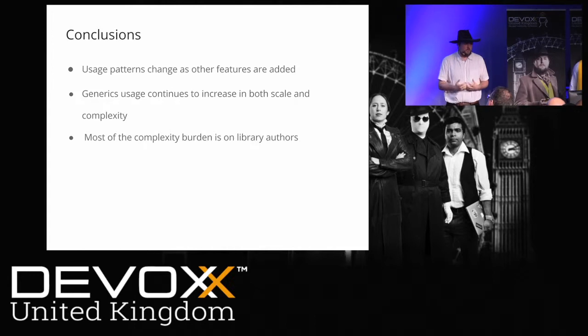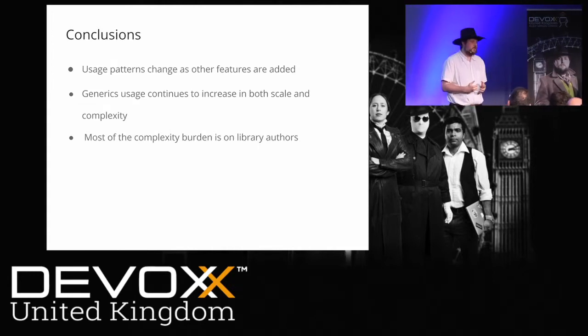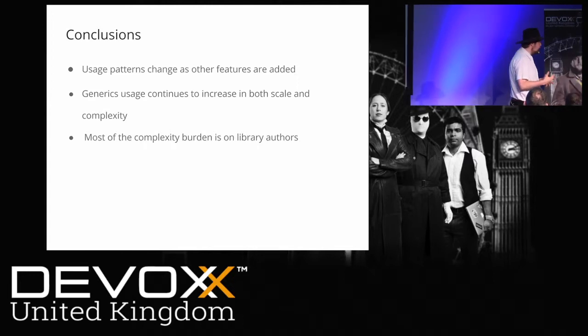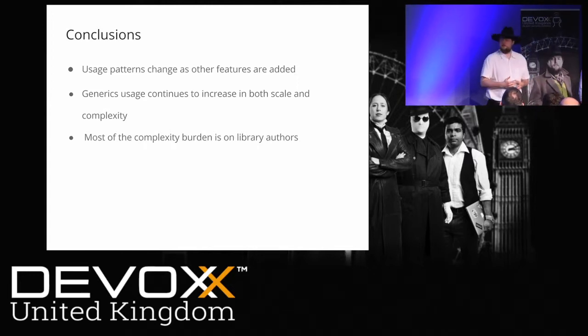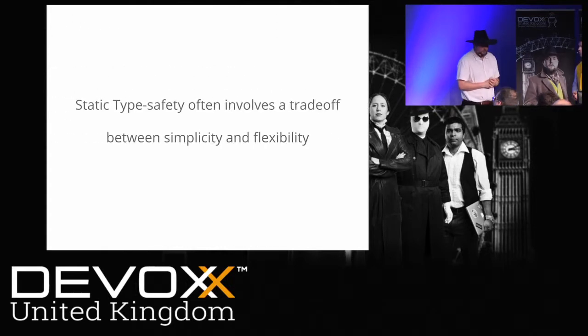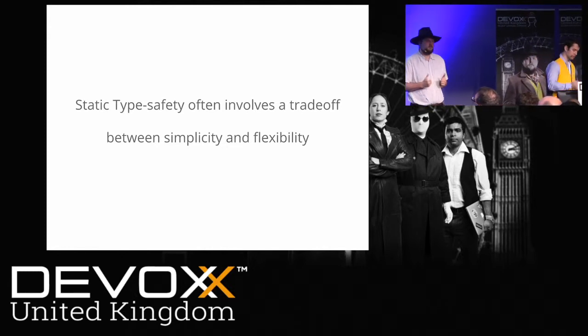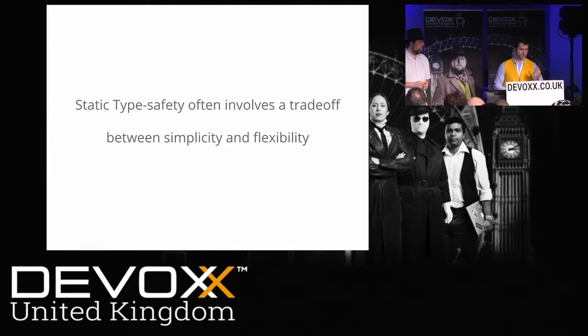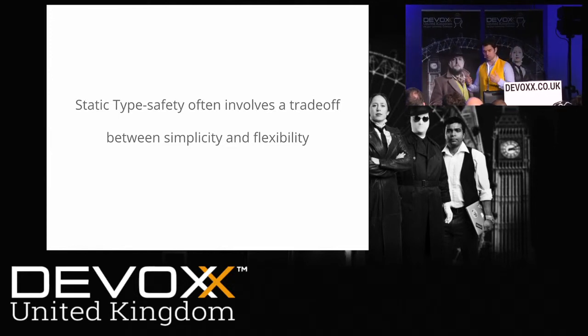But a lot of the burden of this complexity, even though it is complexity, does get borne by library writers. So it's not the end of the world. It's still something we can manage. So the general conclusion for this talk is that static type safety is great. We can get compile time verification, but typically it involves this trade-off between simplicity and flexibility. You can get lots of flexible code, but often you have this complexity that is introduced as well.